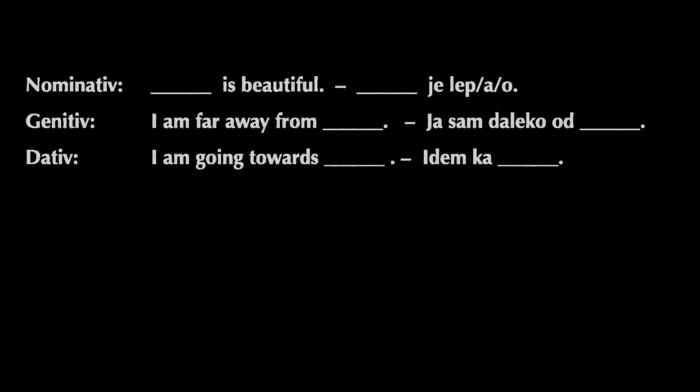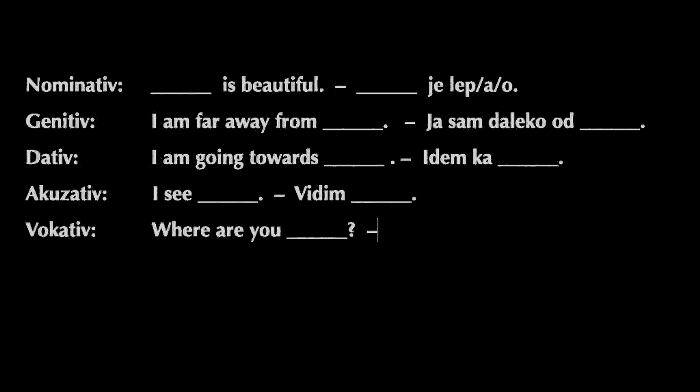For accusative, "I see something," in Serbian vidim. For vocative, because this one is kind of saying hi, I will use a very common way to say hi, what's up in Serbian, which is "gde si." Literally translated, it's "where are you," but it's actually just a common way to say, hey, what's up.